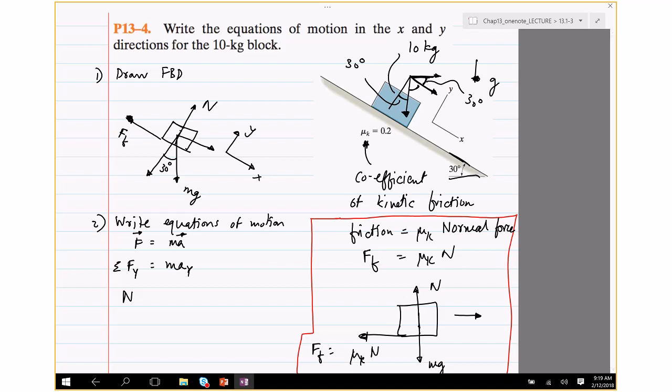Yeah, so we need to write mg along the y-axis is going to be mg cosine of 30 degrees. And what's the sign on that? It's negative because it points along the negative y direction. What's the acceleration in the y direction? Okay, so acceleration in the y direction is 0.